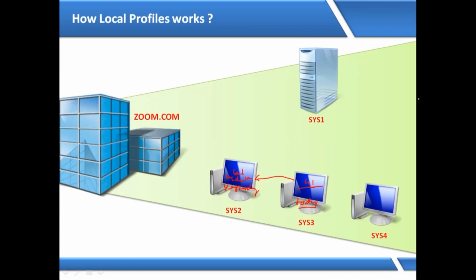When he logs in from another machine, his new profile will be created and he cannot see his own data which was written on the other machine yesterday. This is the problem in the local profile.